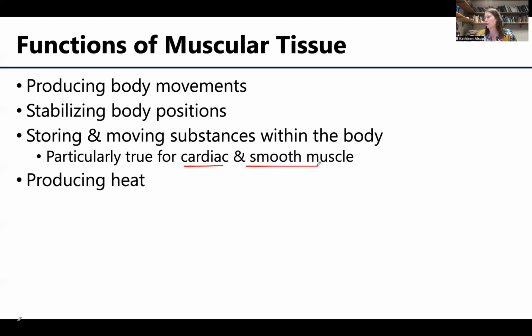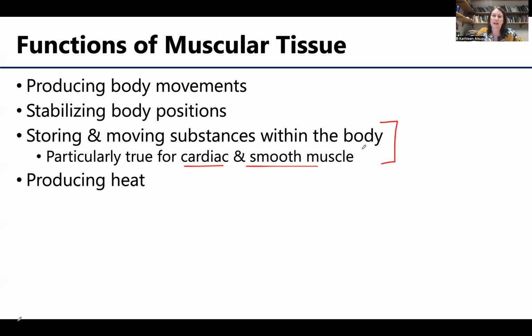So you can have those playing a role there. But skeletal muscle can play a role in moving substances within the body as well, particularly if you think about contraction helping the blood associated with the veins go back to the heart. That will play a role, or the lymphatics as well. So we'll talk about some of these examples.